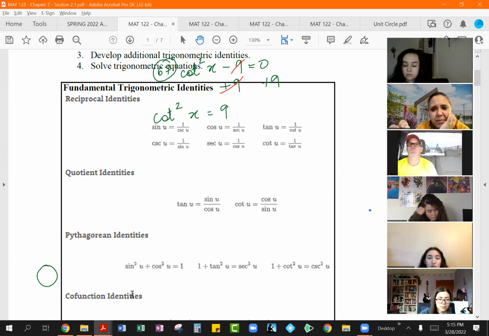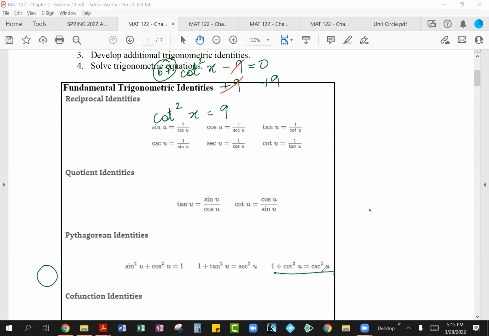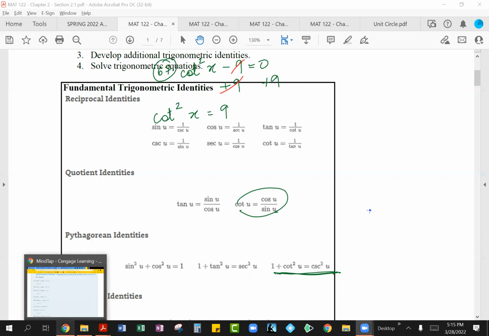Okay, Andrew, you're talking about Pythagorean. So for the Pythagorean one, it would be this one, or you said quotient. Cosine over sine, which would definitely be this. And Lucy, you also went with this one. So this one over here, and again, this may be a little bit of a trial and error to do when you guys are working in your homework.